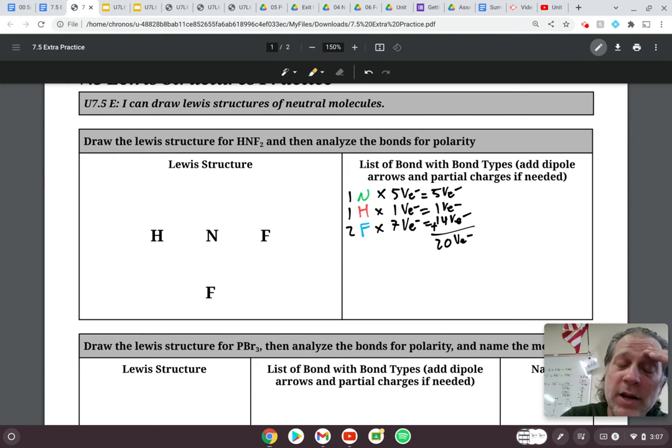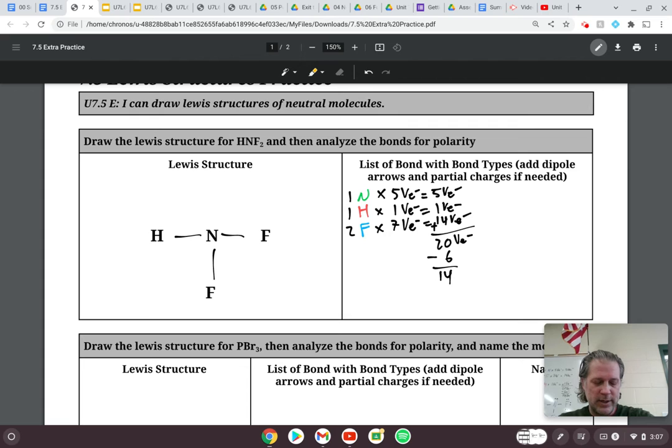The first thing that I do when I do these problems is I give a single bond to everything and subtract. So 6 leaves me with 14 electrons to find a home for. Then I start adding pairs of electrons where they're allowed. The common mistake that students were making, at least in some of my classes this morning, was adding electrons to hydrogen, and you just can't do that.